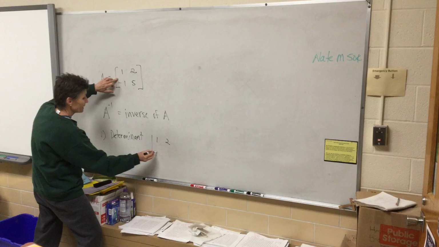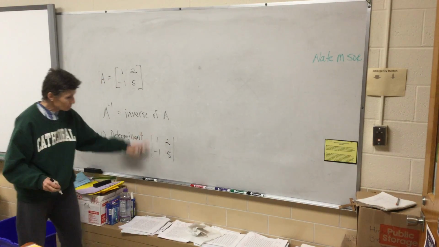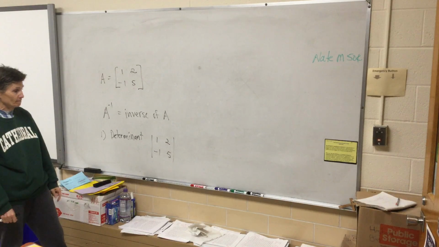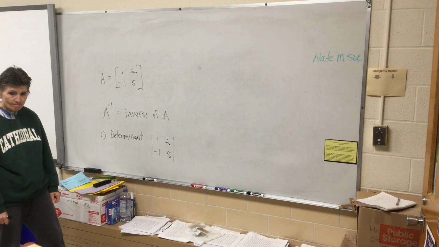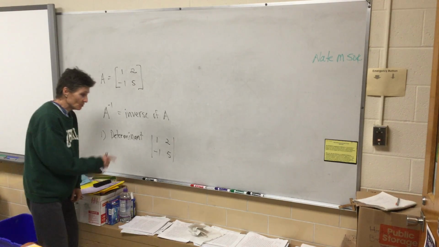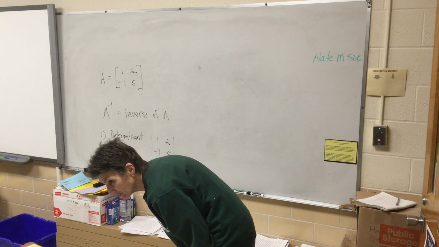So the determinant is those vertical bars. Those vertical bars are the determinant. Okay? Now, who remembers how to find that? What's the answer to that? Anybody remember? We did it earlier today.